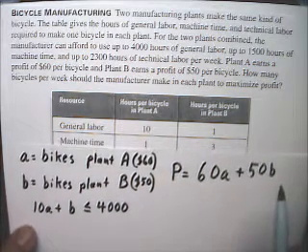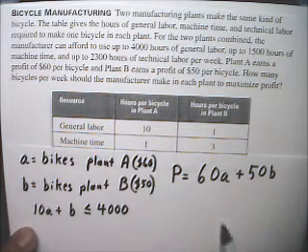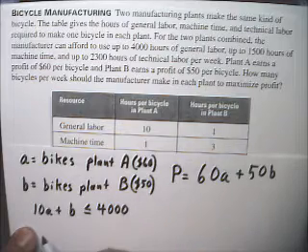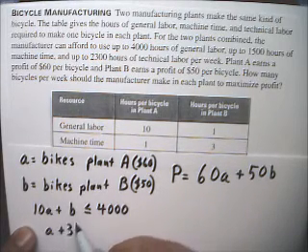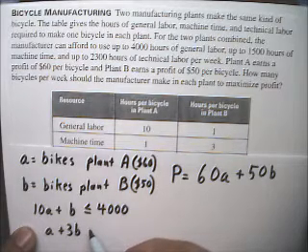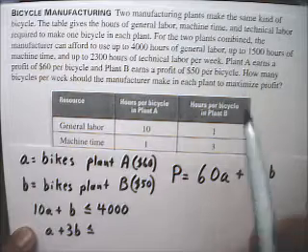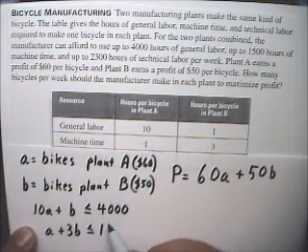And similar here with machine time. This is 1A plus 3B, and that has to be less than or equal to the 1,500 that they talk about in the story problem.